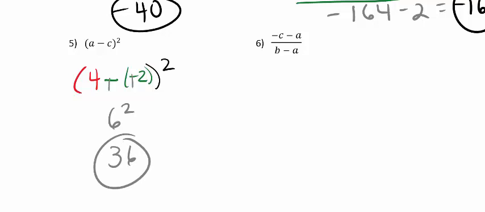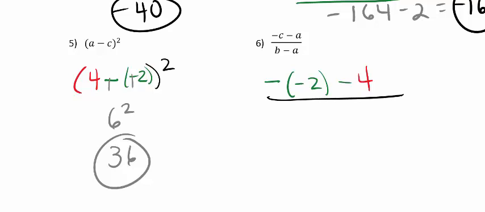In 6 we have a negative, and then we're going to substitute in a -2 in place of C, and then A was 4, B was 3, and then A was 4. So substituting those values in, we want to take care of this minus a negative here.